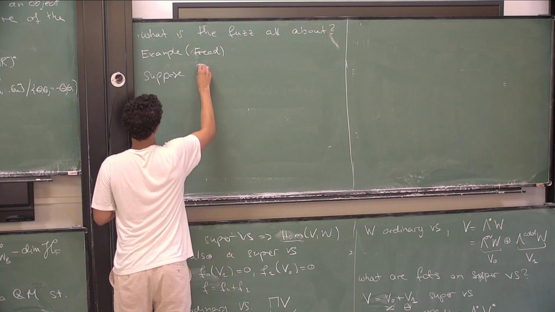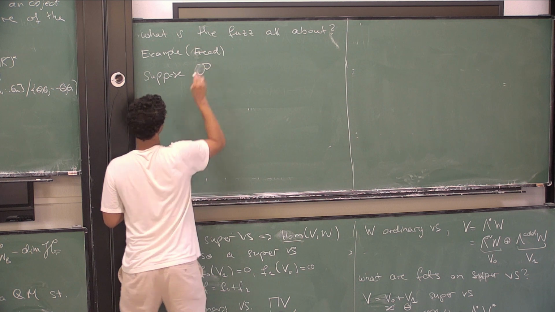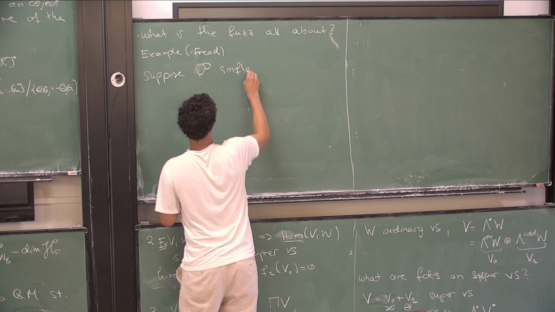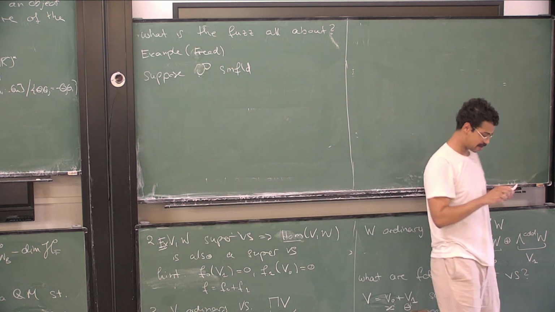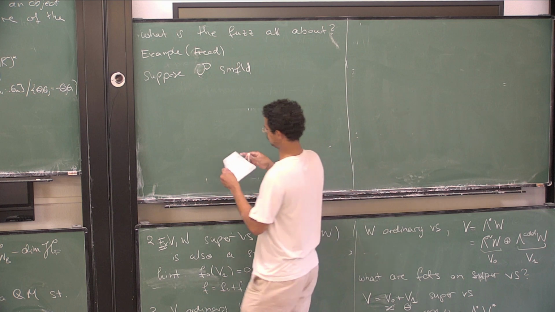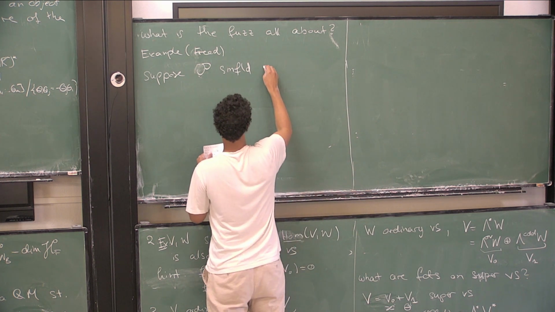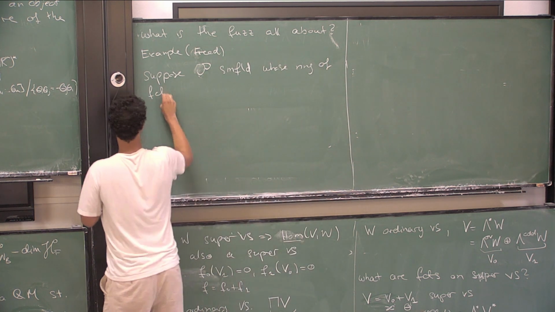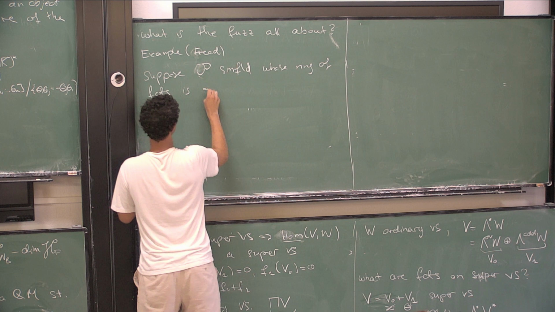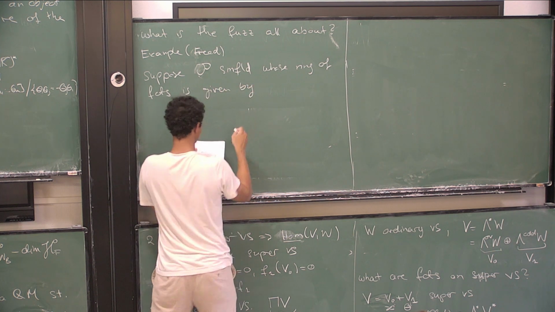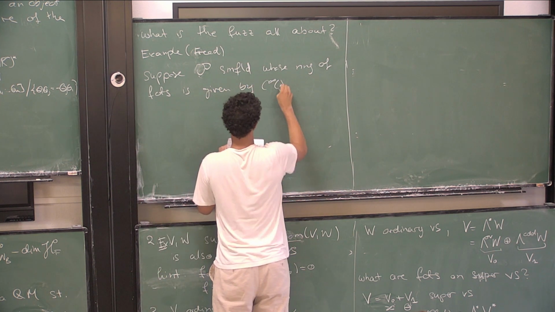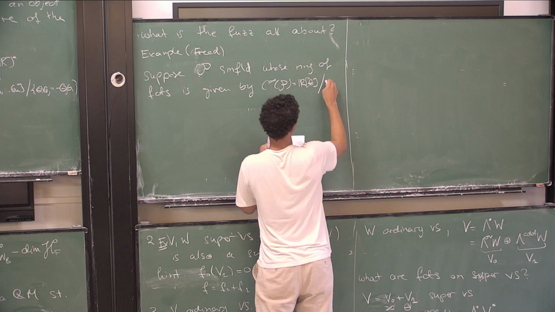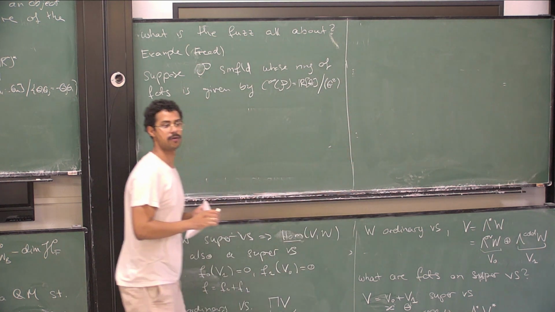Suppose we would know what a supermanifold is, and let's say P is the supermanifold. Its ring of functions is given by the algebra which we saw this morning, namely R theta modulo the ideal of theta squared.